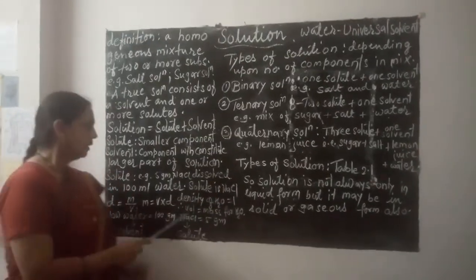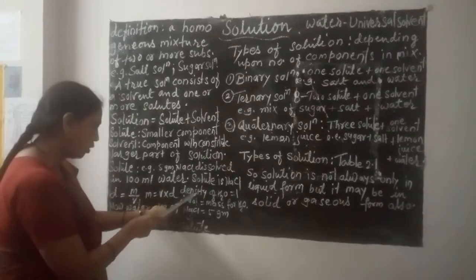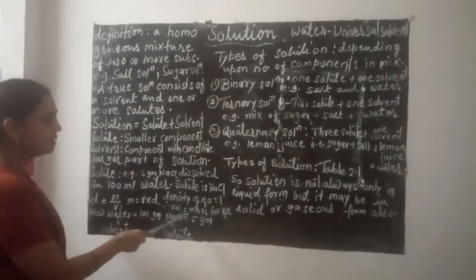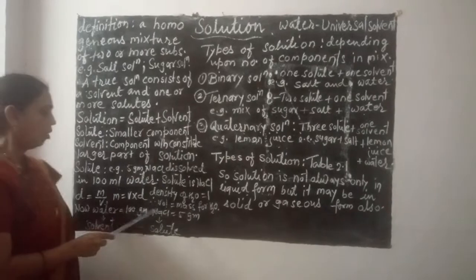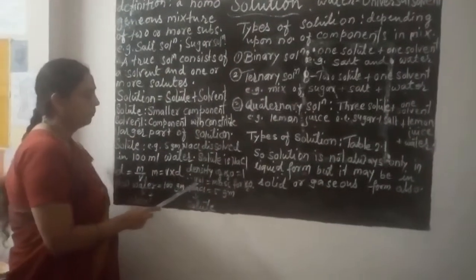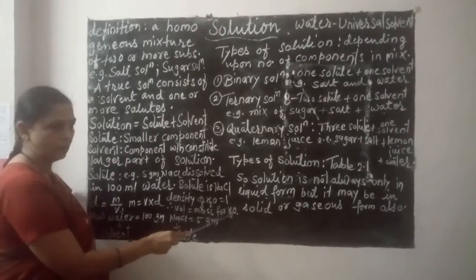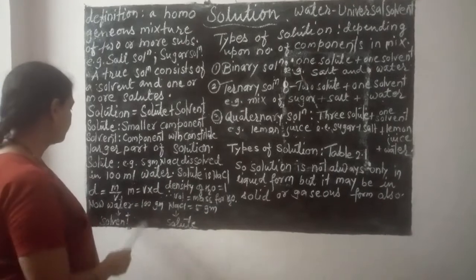Every time the density of water is 1. Now because the density of water is 1, the volume is equal to mass for water. Always remember this, that the volume of water is equal to the mass only. This concept is only for water.